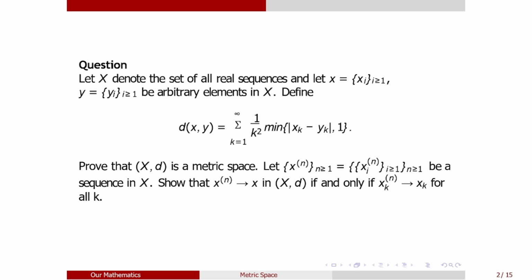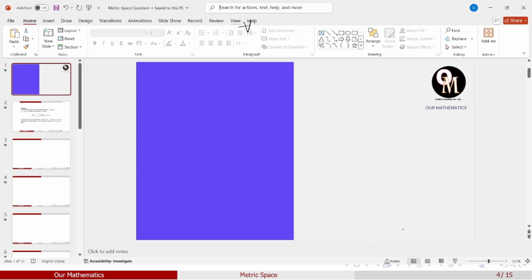I hope we are clear about it. Now we will move forward, and firstly we will try to prove that (X, d) is a metric space, which is a very easy task. Let's prove this. The first property is, we have to show that d of x comma y is greater than or equal to 0.